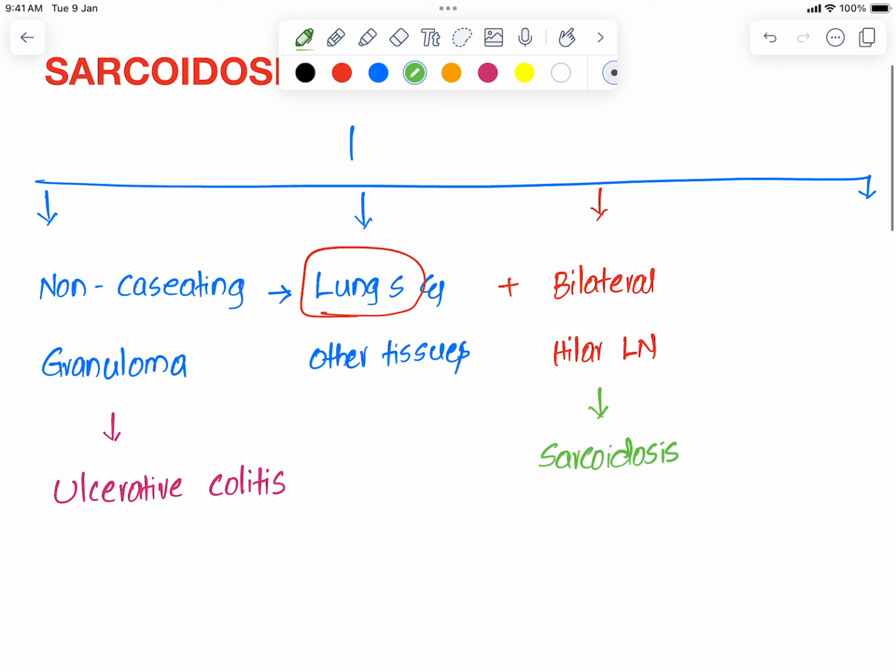Now in sarcoidosis, you have the presence of the sarcoid granuloma, which is characterized by the formation of granulomas in various organs. What does this sarcoid granuloma contain?